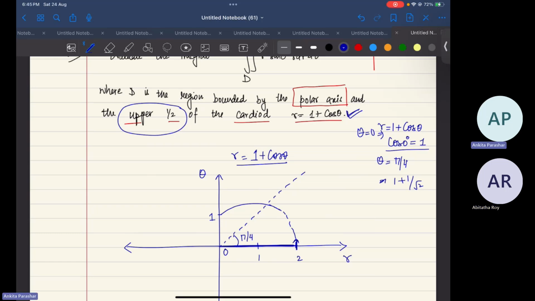Now let's draw a bit on the negative side because we need the upper half. What is the next angle? Pi by 2 plus pi by 4. Can you tell me what is that? Cos of pi by 2 plus pi by 4. At pi, it would be cos pi. Just a minute.